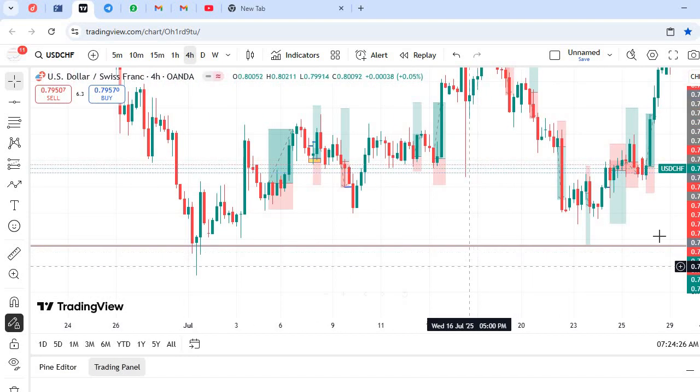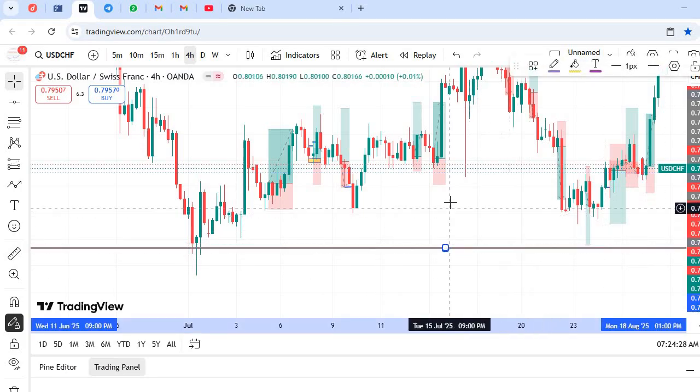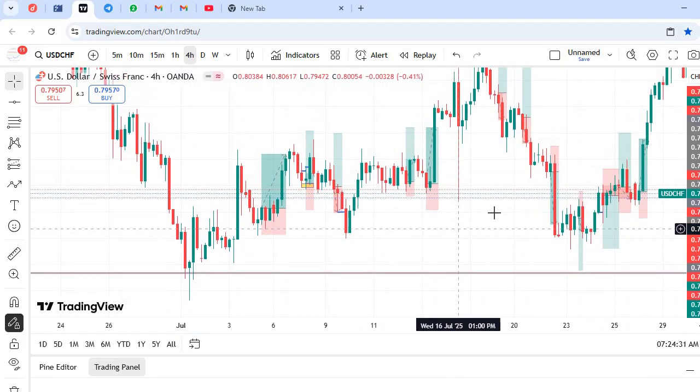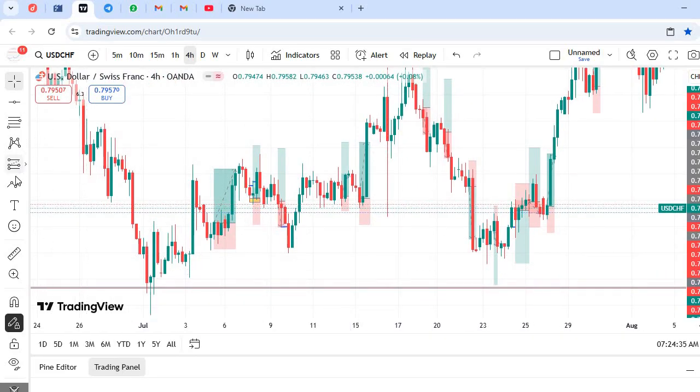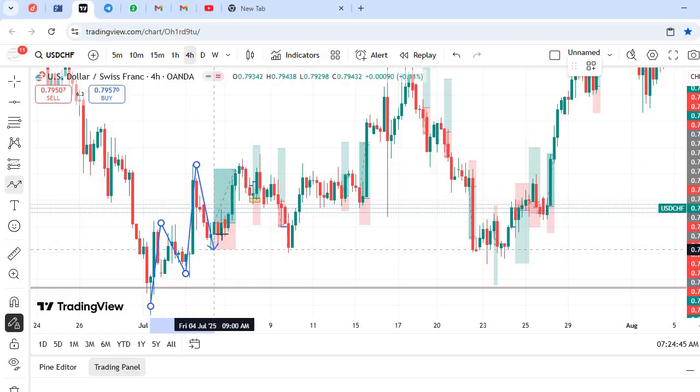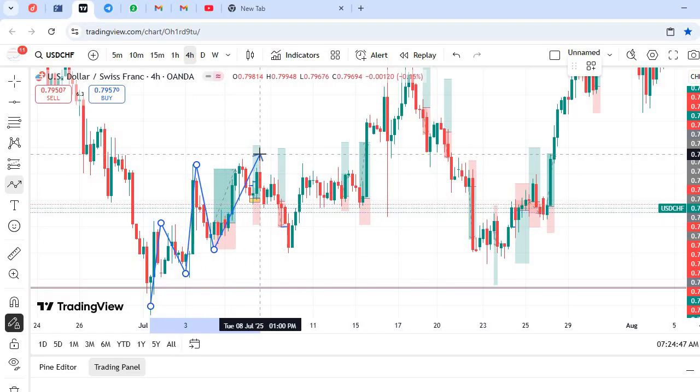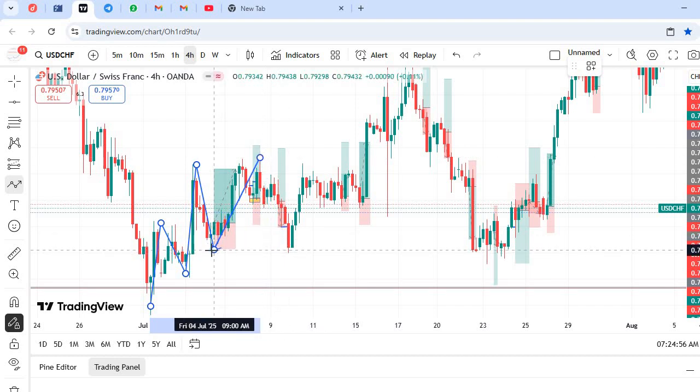Okay, look at an example here now. This is USD CHF, on a 4-hour time frame. Now this is an uptrend. And you see we're having the high, the low, high, and the low. Then we have this high here that broke out, that took out this high. Then you can see this low has taken out this low.